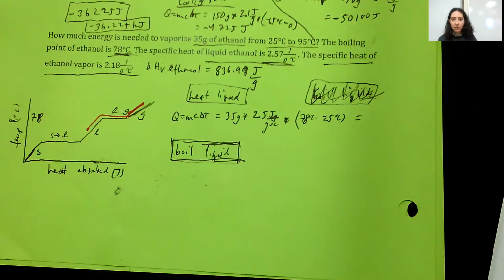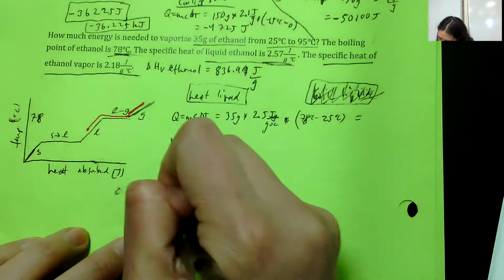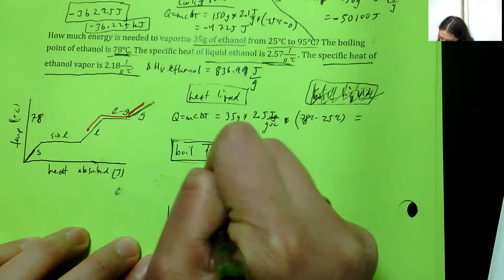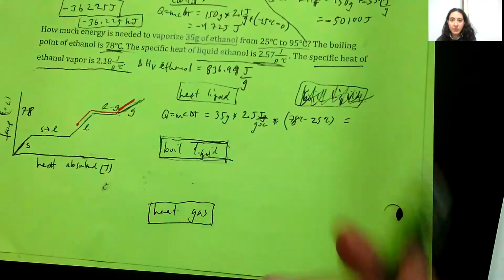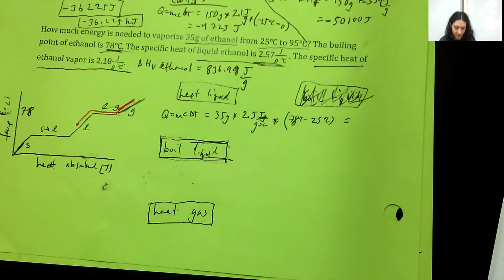Okay, so we're going to need to boil the liquid after this, and then finally we're going to need to heat the gas. So we've got our formula all here. Let's plug in all these numbers. Looks like we've got 35 grams times 2.57 times 78 minus 25, which I could do in my head, that's 53.